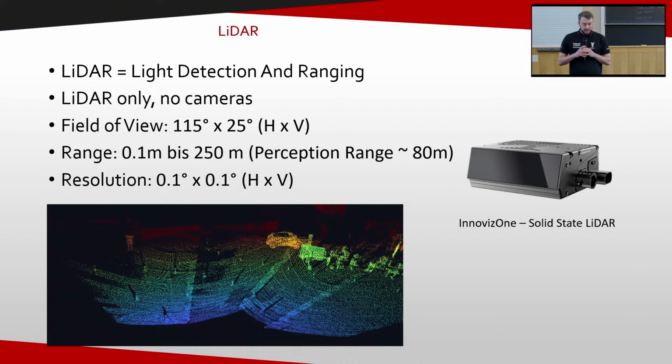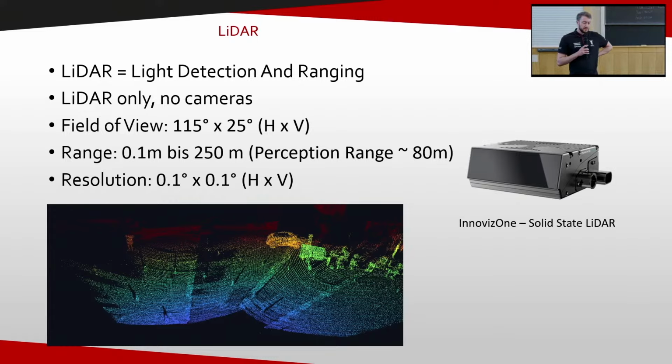So a little bit more about the single sensors. The LiDAR is a light detection and ranging sensor. We have a LiDAR-only system, while other teams use fusion systems, using cameras also, but we only use the LiDAR as it gives more precise information than cameras. It has a field of view of 115 by 22 degrees.